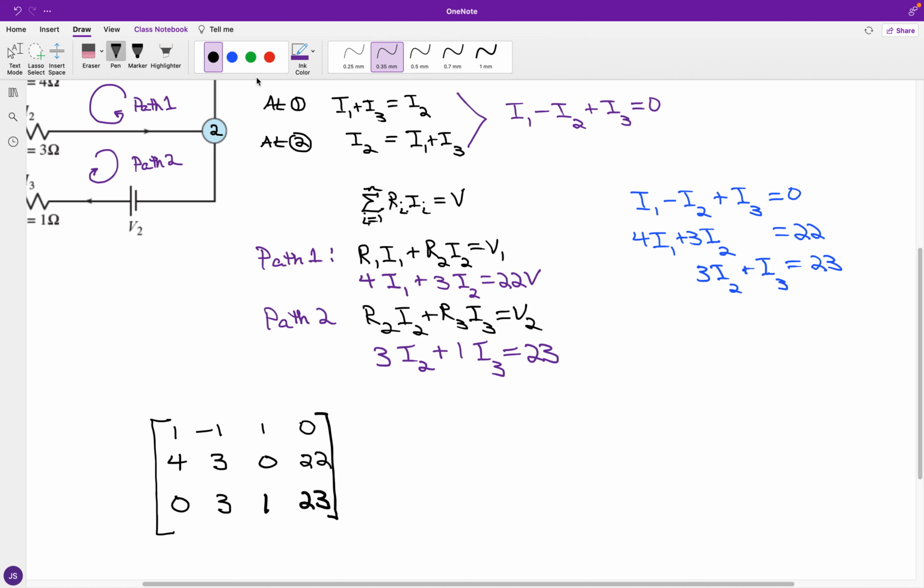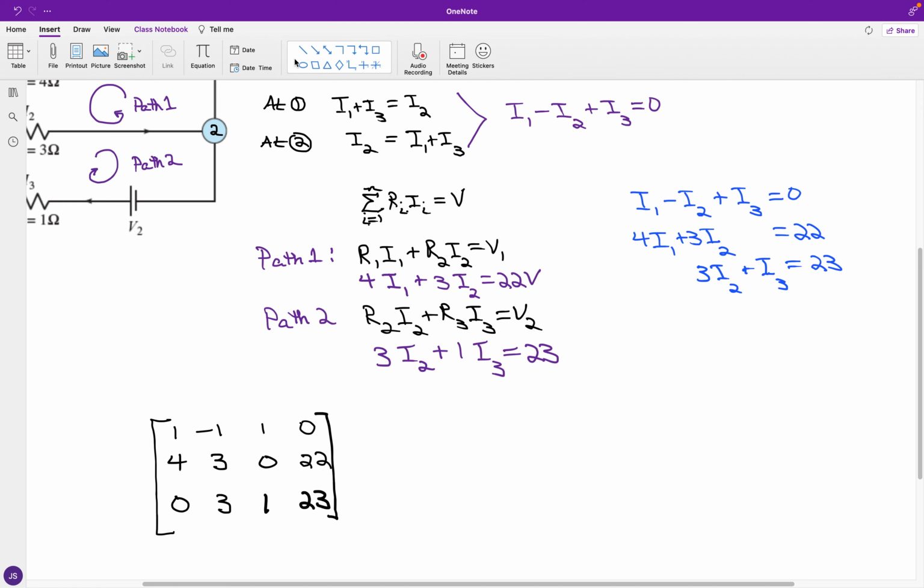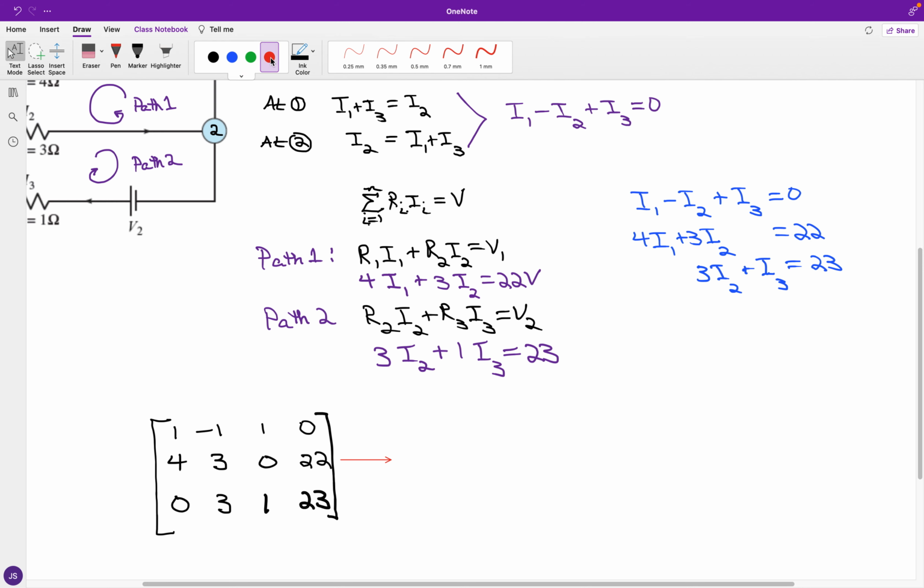And so for the system, if I convert what I have to row echelon form at least, I can convert the 4 to a 0. Say I have the second row elements minus 4 times the first row elements.